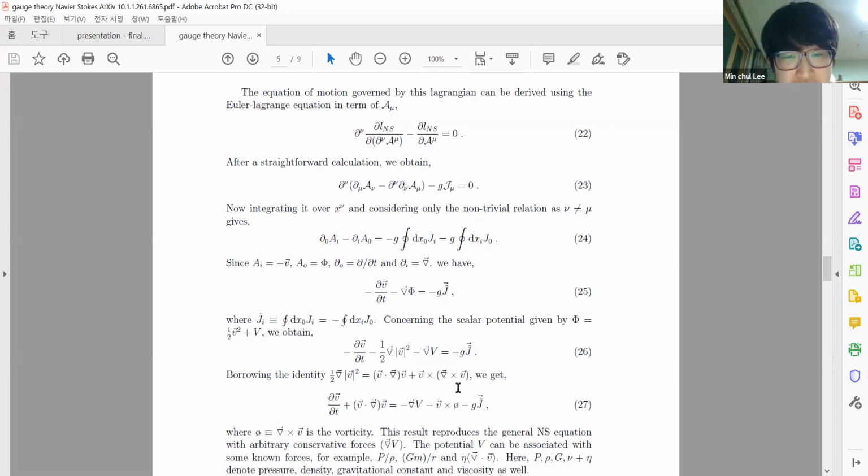But it also contains velocity. In whatever form you write the Navier-Stokes equation for vorticity, it still has velocity, which is not gauge invariant. There is no gauge invariant Navier-Stokes equation. Am I crazy or something?